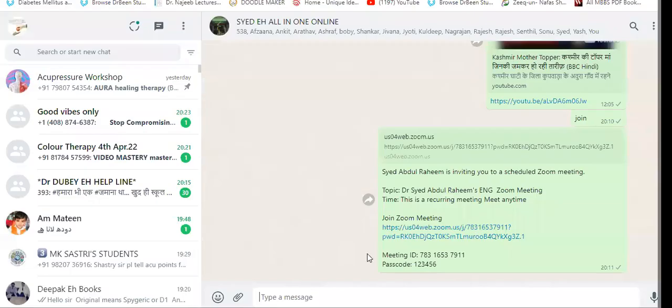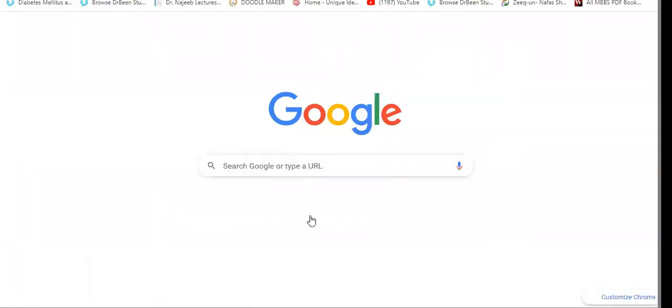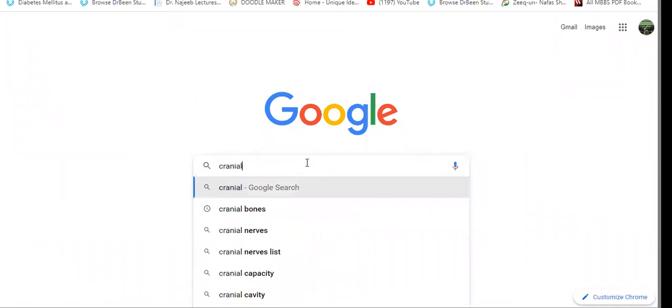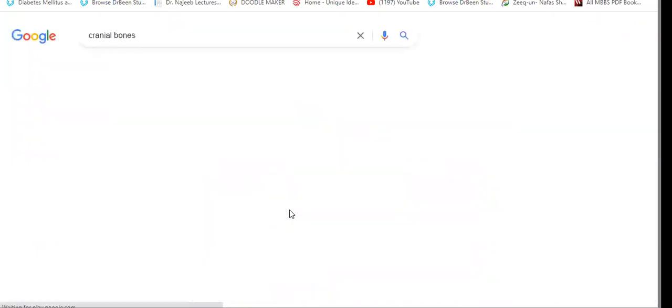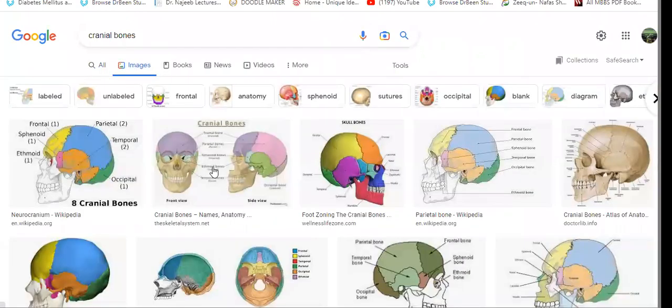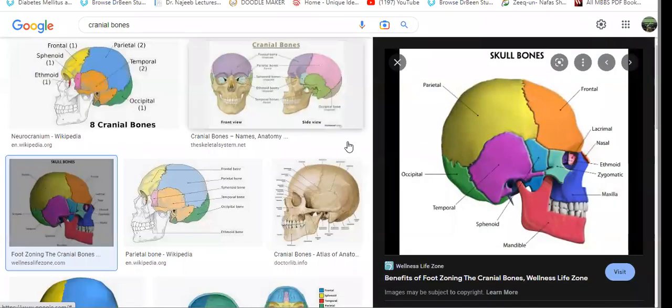So let's see in the image, the cranial bones. This is the frontal. You can see here, this is the parietal.